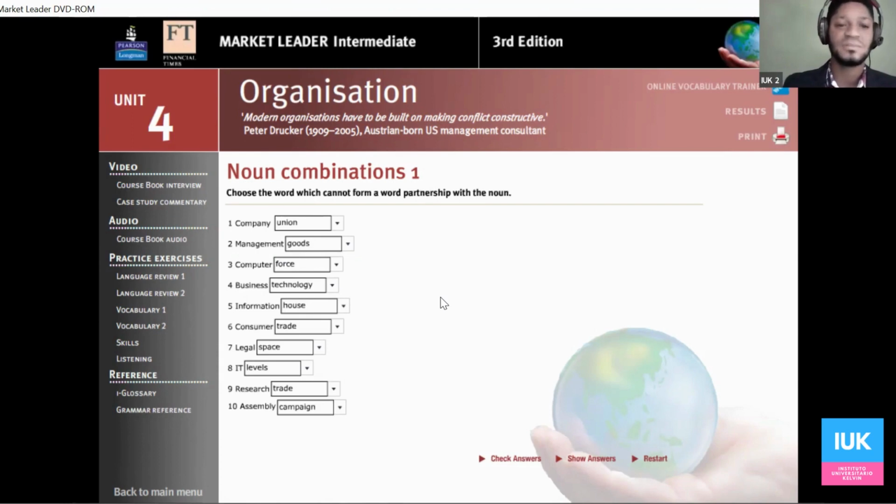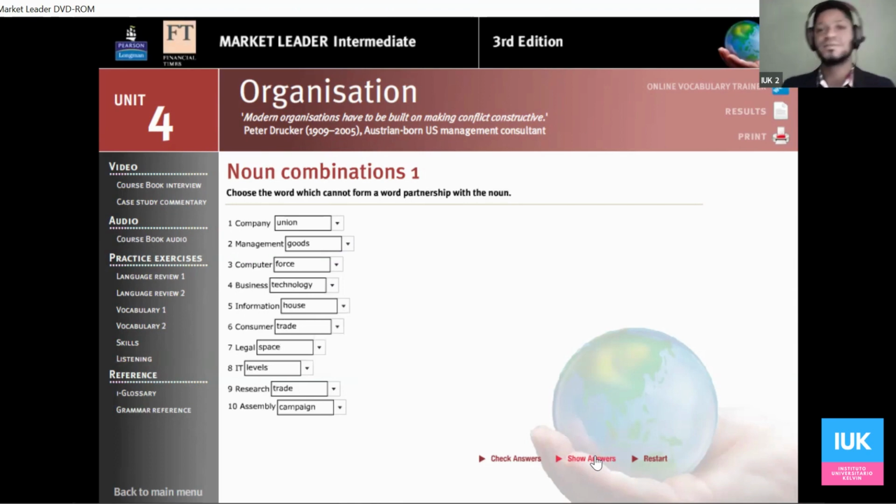Business technology. People could say business plan, business card, but not really business technology. What is business technology? Number five, information house. Of course, people would typically say information desk, information technology, but never really say information house.